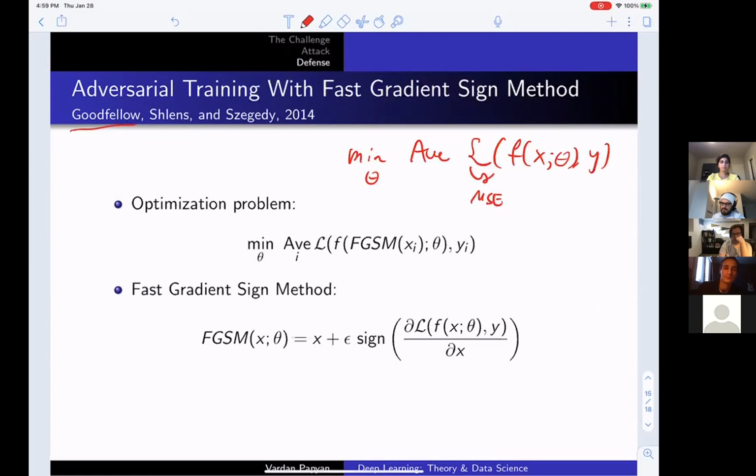What they say is, let's replace x with what? With FGSM of x. What is FGSM of x? FGSM of x is fast gradient sign method. So just create an adversarial example and use that to train your model, right? This is just a reminder of how the FGSM algorithm looked like in the previous slide.